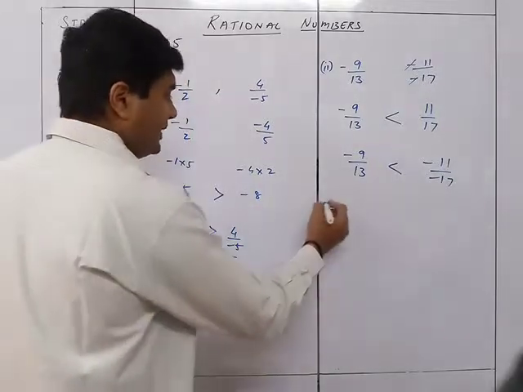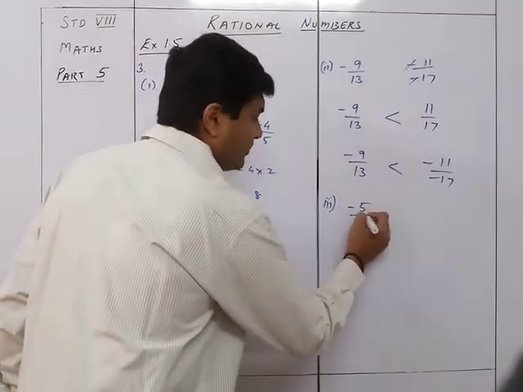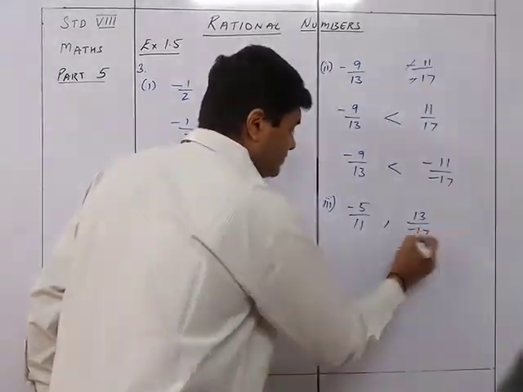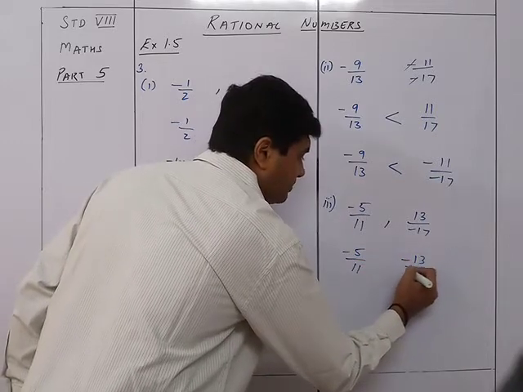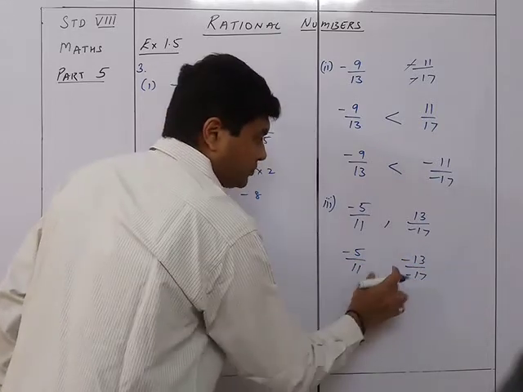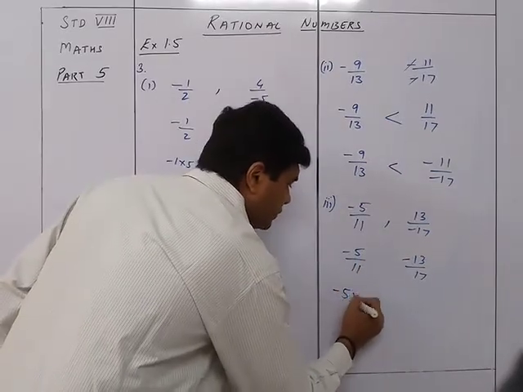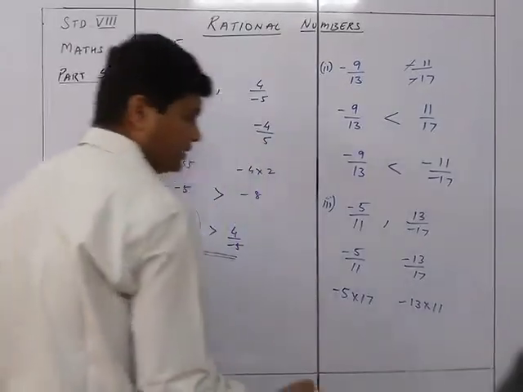Okay, we see the third one. It is minus 5 upon 11 and 13 upon minus 17. So again you are taking minus 5 upon 11 and minus 13 upon 17. Sorry, so you are going to take minus 5 into 17 and minus 13 into 11.